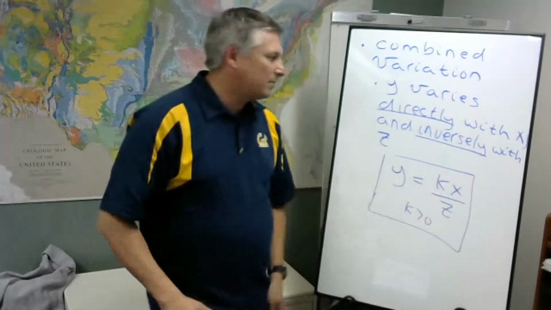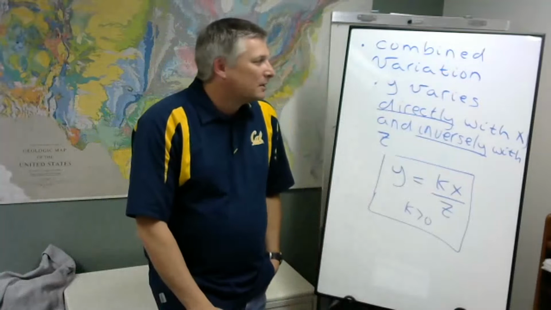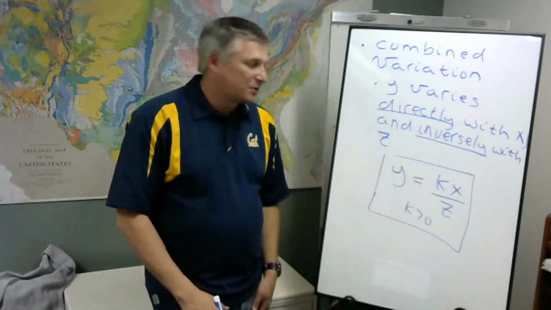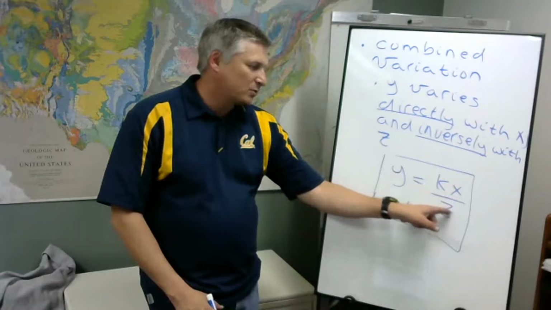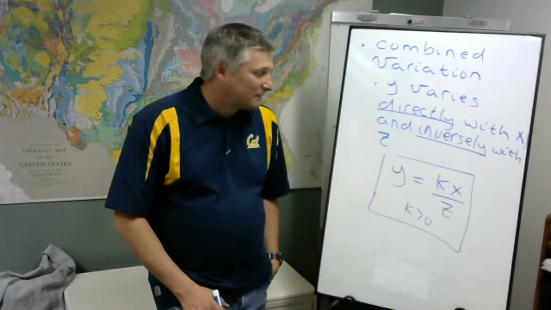And we solve this problem the same way we did with the joint variation. It's just that one of the pieces of information will be in the denominator.